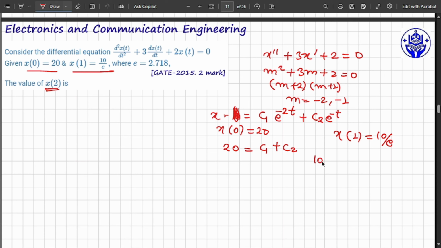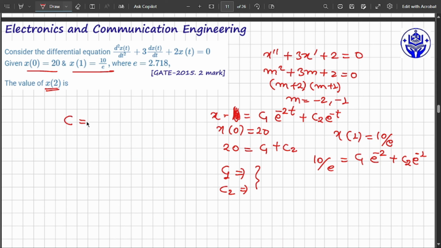So it is c1 e to the power of minus 2 plus c2 e to the power of minus 1. From here I can find the values of c1 and c2. You can do this calculation and find c1 and c2 from these equations, and after that you put them in this equation.